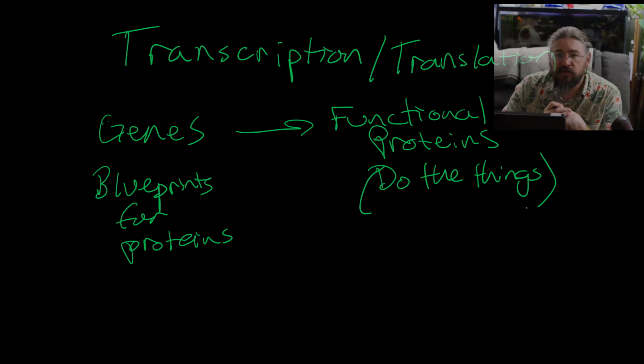Right? Certain proteins made at certain times activate certain other protein pathways, which do certain other things, which maybe synthesize lipids, synthesize carbohydrates, activate respiration, what have you. Proteins are the prime movers. So transcription and translation is all about how we go from genes to functional proteins.